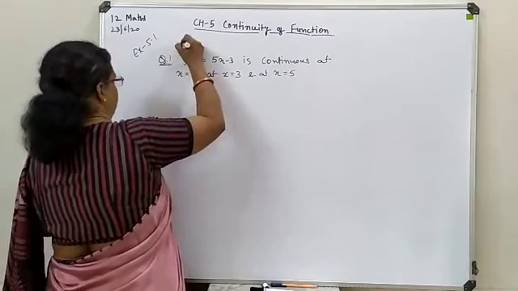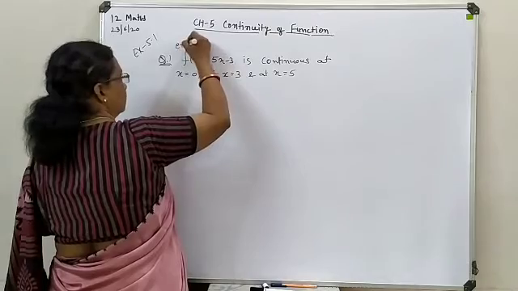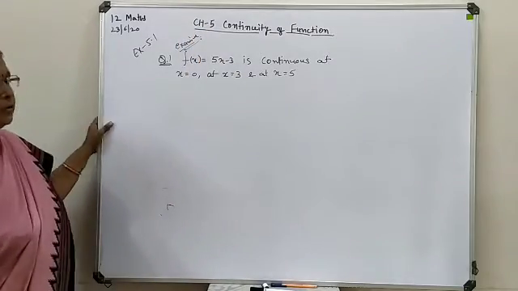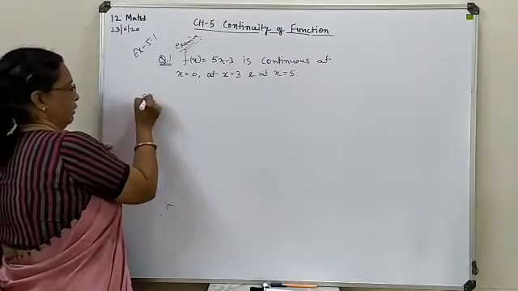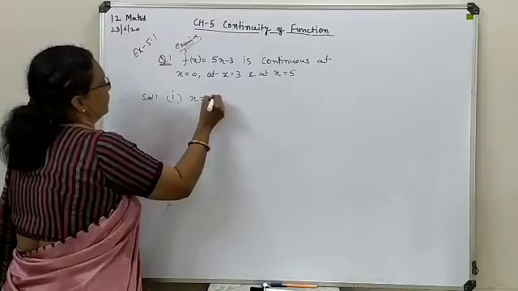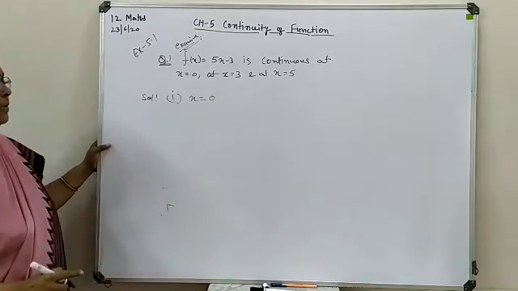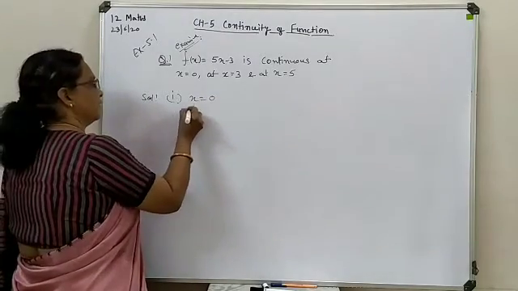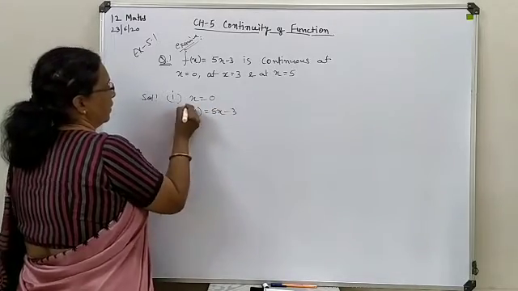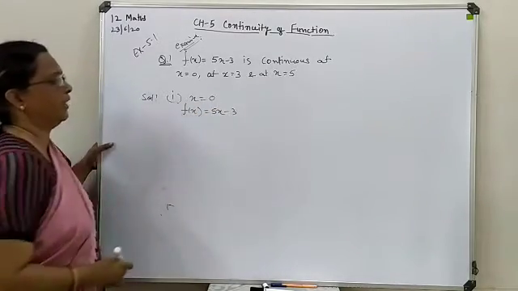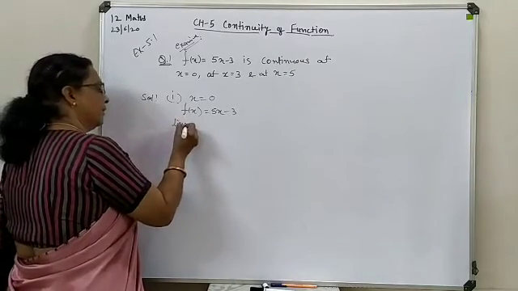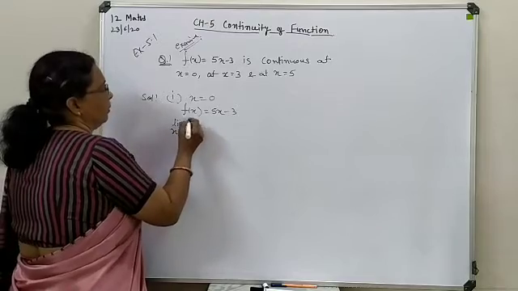You have to examine. So first, as I told you, regarding the first point we will check at x equal to 0. Your f(x) is given as 5x minus 3.